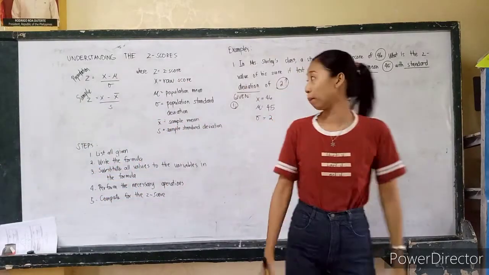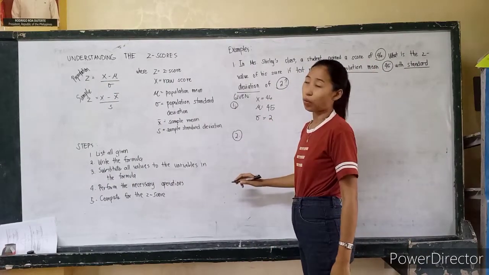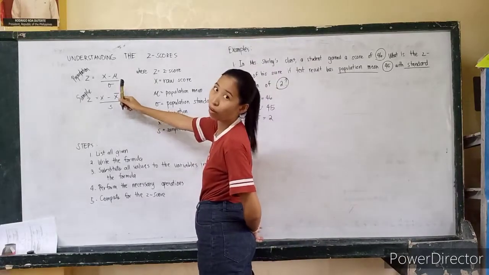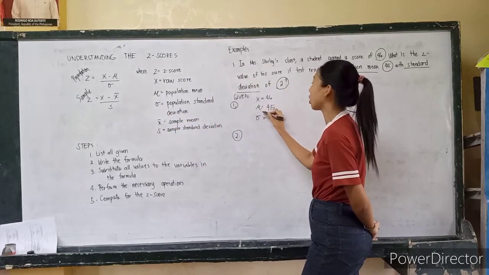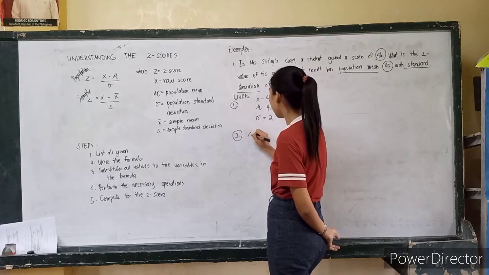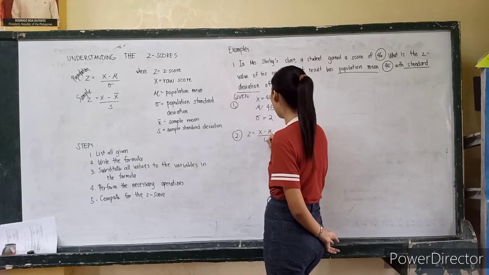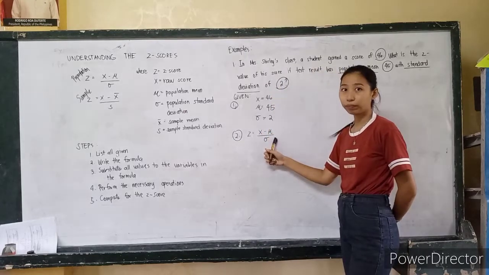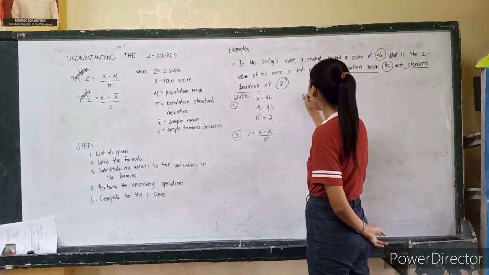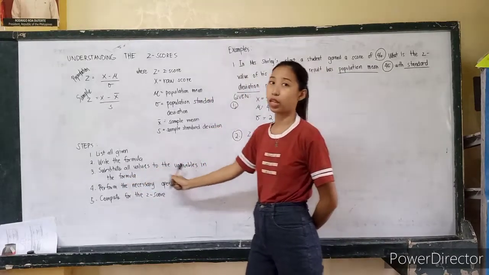Write the formula. That means, for this problem, we are going to use the first formula because we are talking about population mean. Therefore, Z is equal to X minus mu over sigma. Step number 3, substitute all values to the variables in the formula.